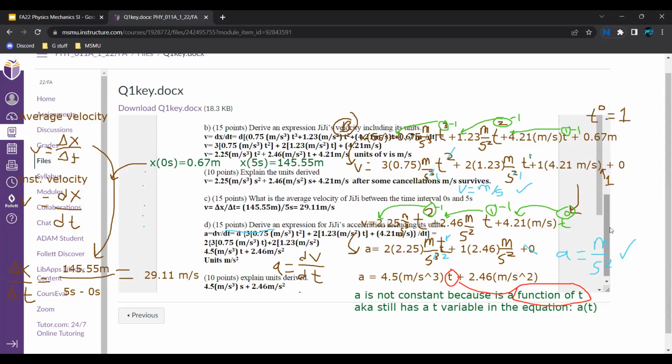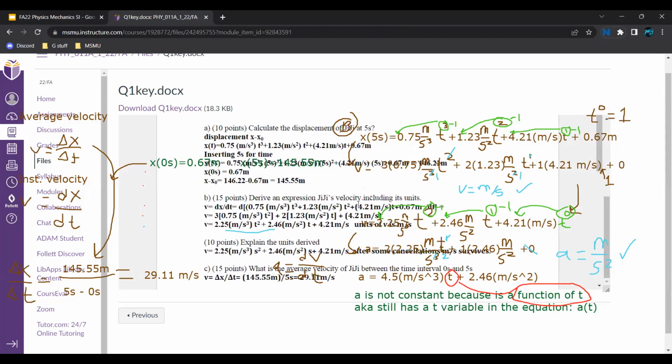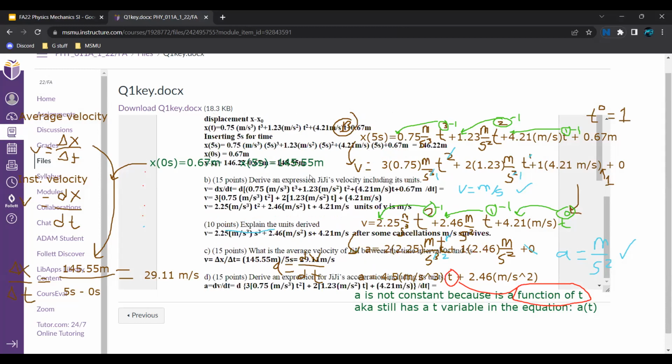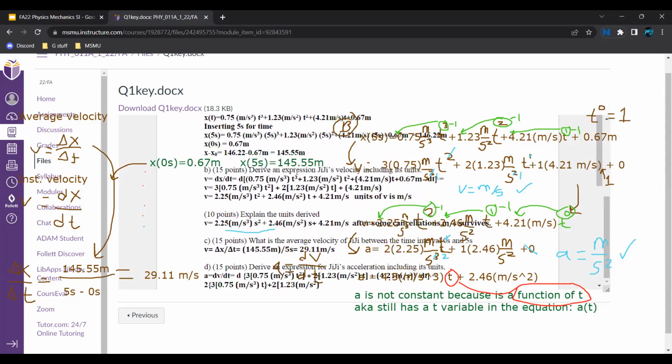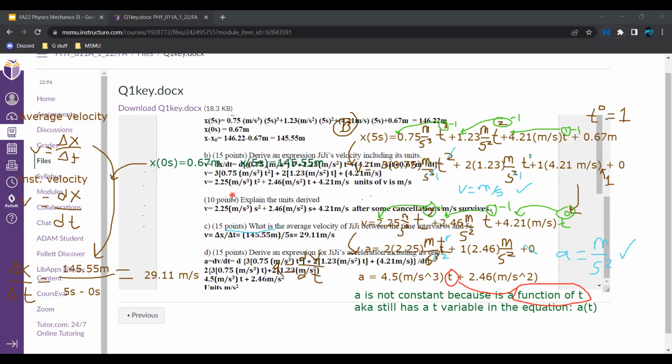Let me move this. Oh, we can't. Anyway, displacement is 145.55, yep. And then our velocity, can we see velocity here?